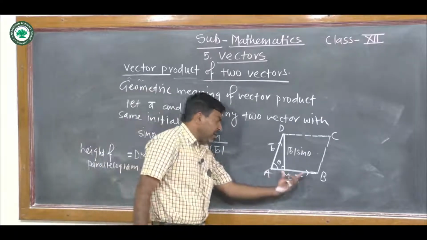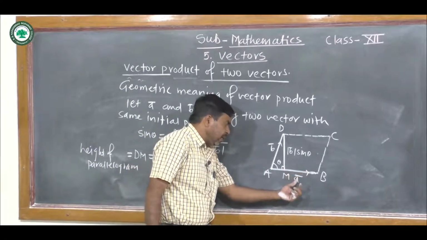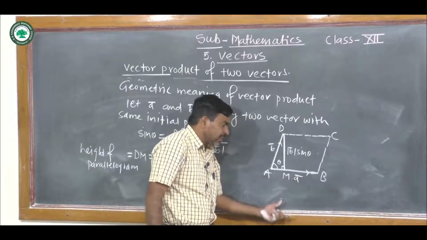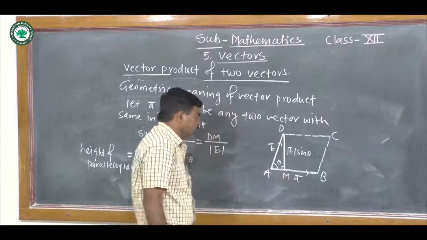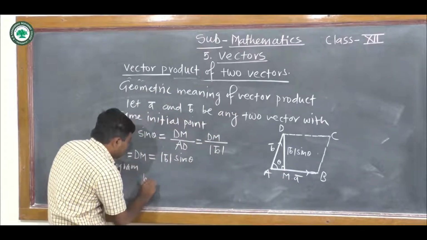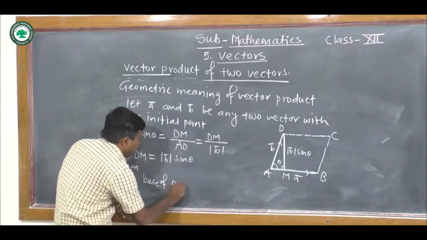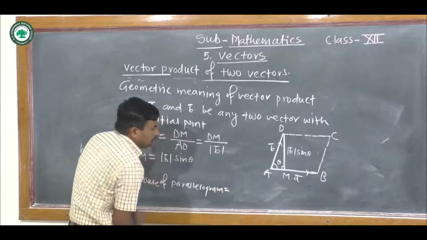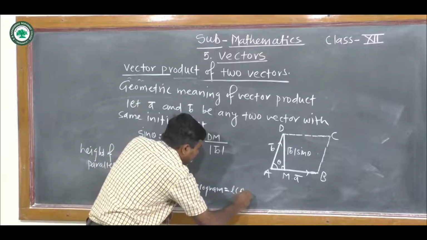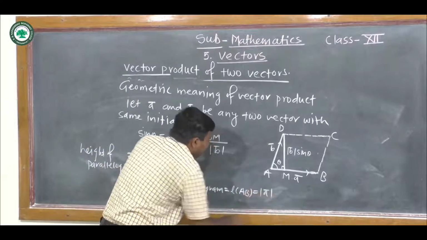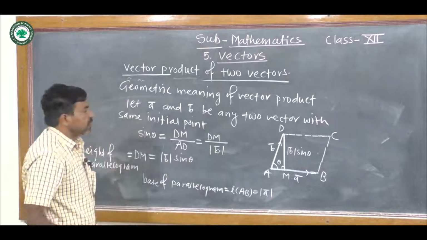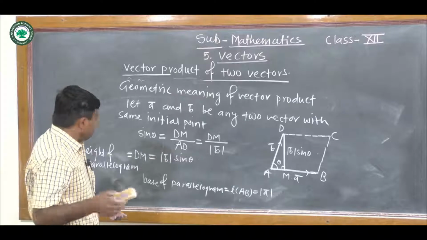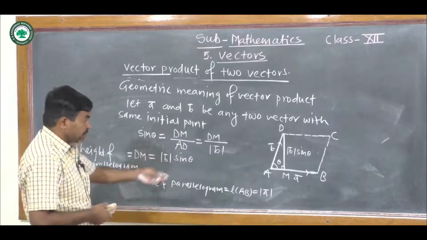Along this side AB there is a vector A, so the length of the segment AB is nothing but the magnitude of vector A. Therefore the base of this parallelogram is equal to length of AB, which is equal to magnitude of vector A.